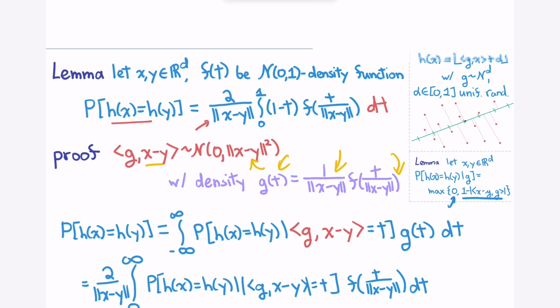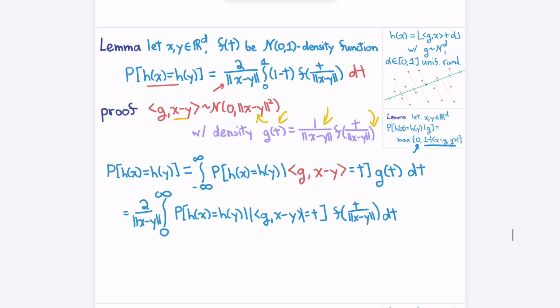So that means we're going to truncate our integral to 1 because beyond 1, it's always getting split. Otherwise, you just get 1 minus t times this density function. There's nothing actually that interesting going on in this lemma. We're just plugging in some definitions and plugging in our lemma. That previous lemma is where the actual geometry happened.